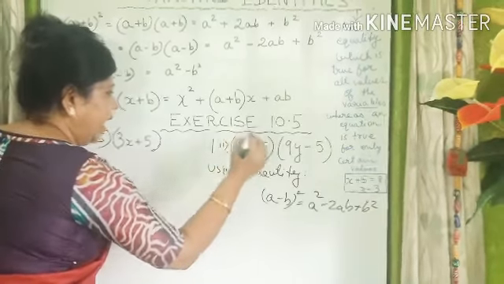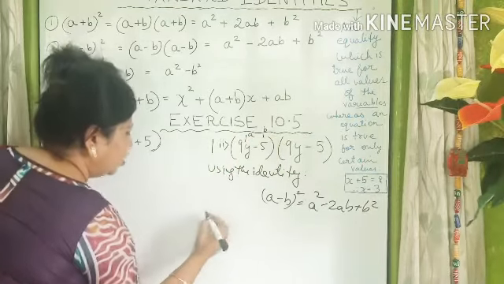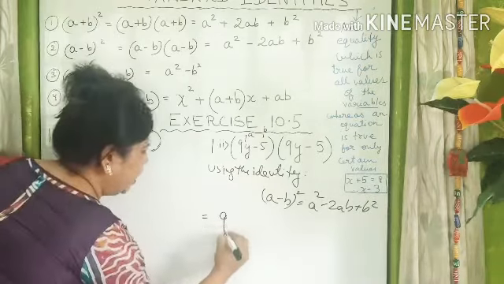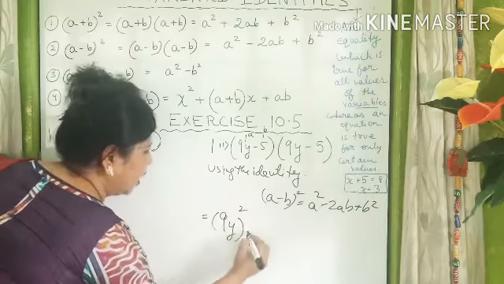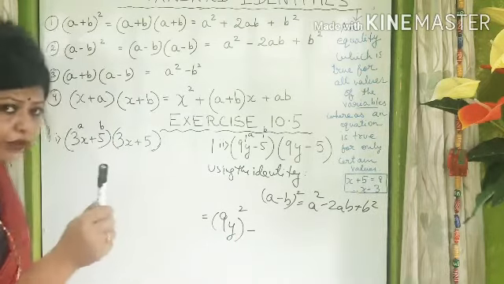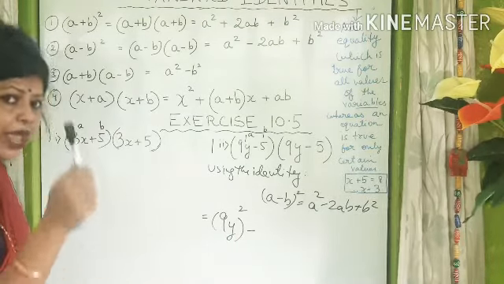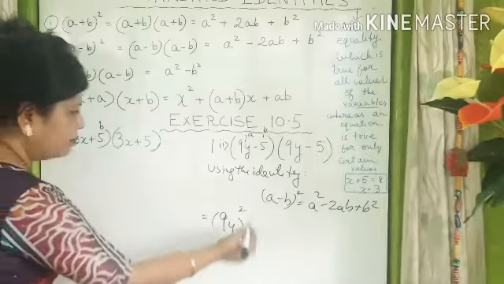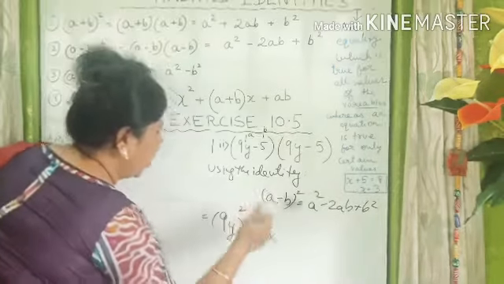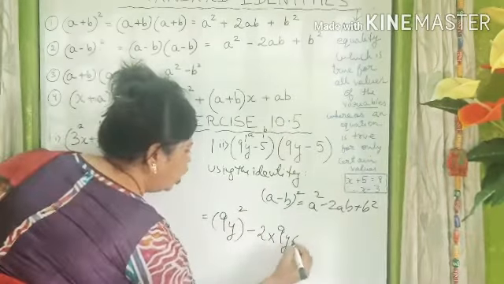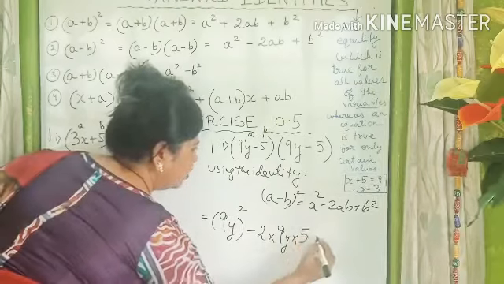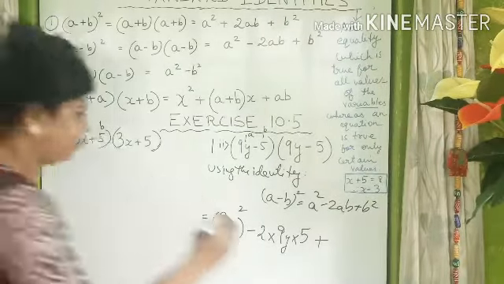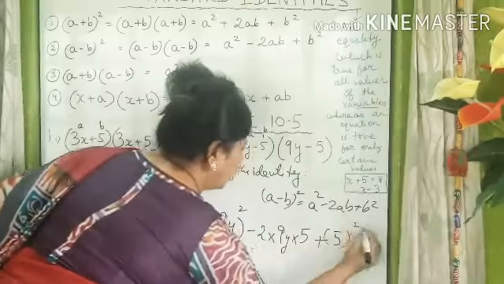9y, that is my a, and 5, that is my b. So that is equal to a square. My a is 9y, so (9y) whole square minus, be very careful, (a - b) whole square equals a square minus 2ab plus b square. So a square minus 2 into a, 9y, into b, 5, plus b whole square. What is my b? 5. So (5) whole square.